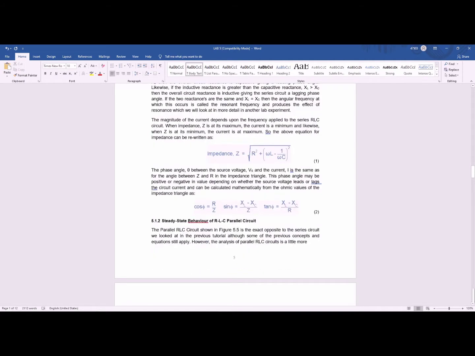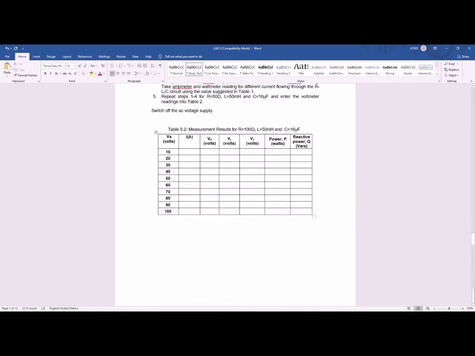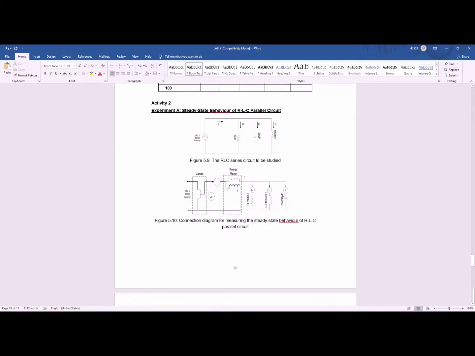As we can see from this lab sheet, activity 2 of experiment 5 is about the steady state behavior of an RLC parallel circuit. This is the connection of the components for this activity.